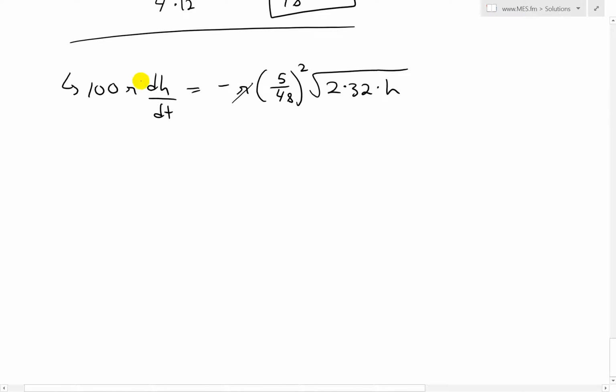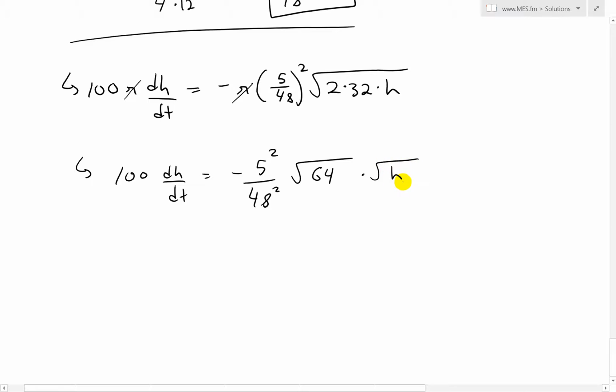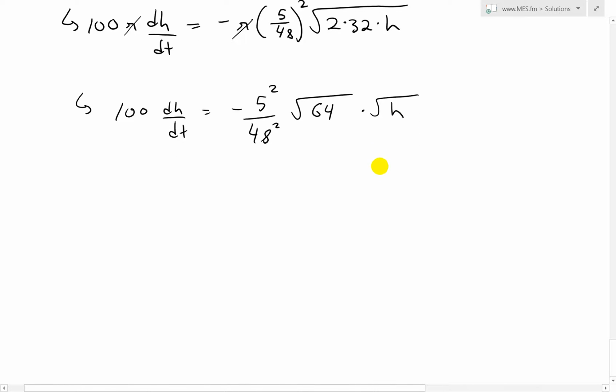Let's cancel the pi's. So we have 100 dh over dt is equal to negative 5 squared over 48 squared, times the square root of 2 times 32 times h. 2 times 32 is 64, so we take the square root of 64 out, leaving square root of h.